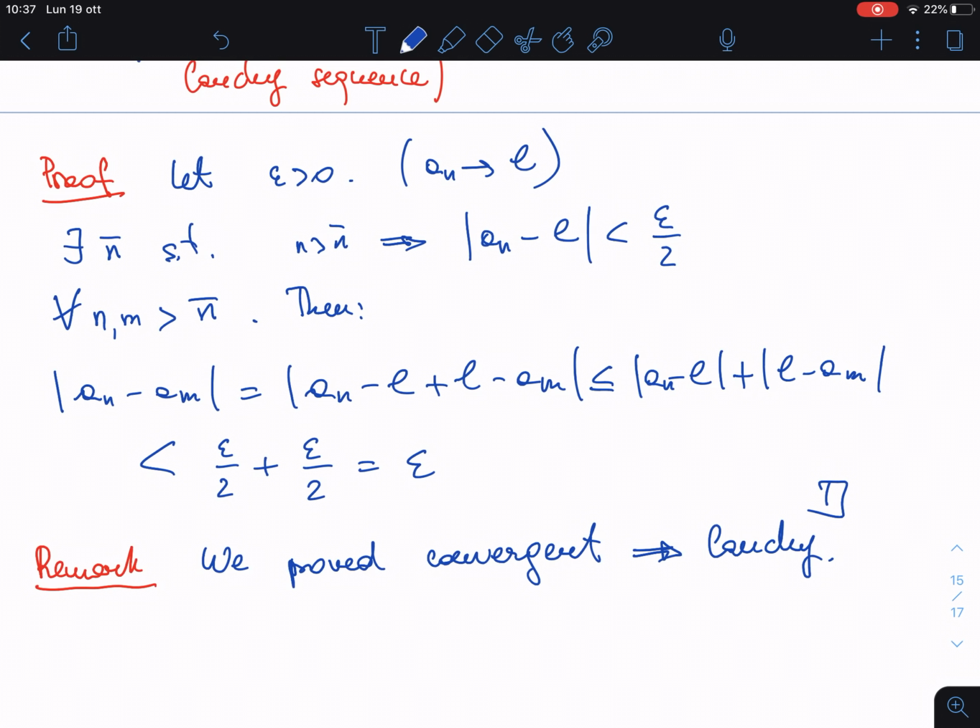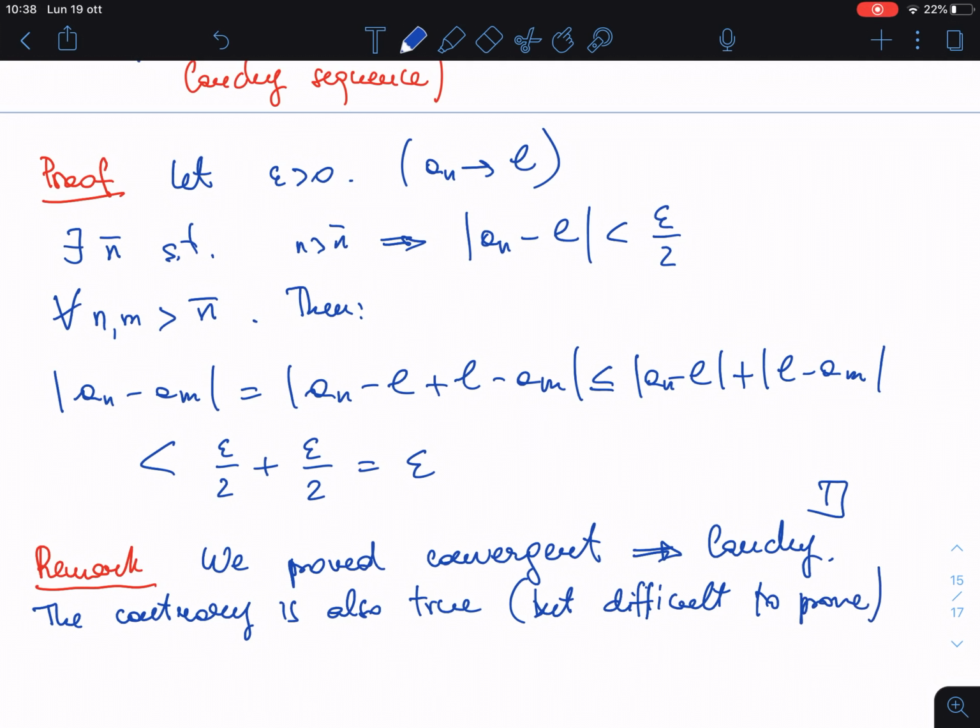The contrary is also true, but difficult to prove. I don't leave it as an exercise for you. You know that it is like that, but I will not ask you the proof of that. I will not do such a proof.